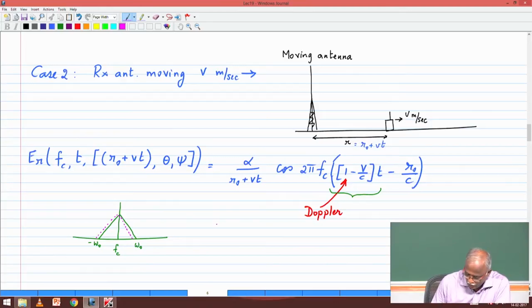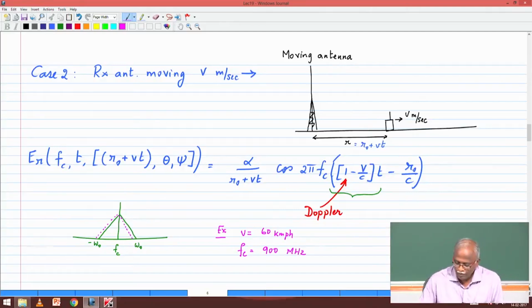So, let us do a quick example that will probably help in clarifying this particular aspect. We are looking at a vehicle moving at 60 kilometers per hour. The carrier frequency is 900 megahertz. I want to know what is the maximum Doppler shift.